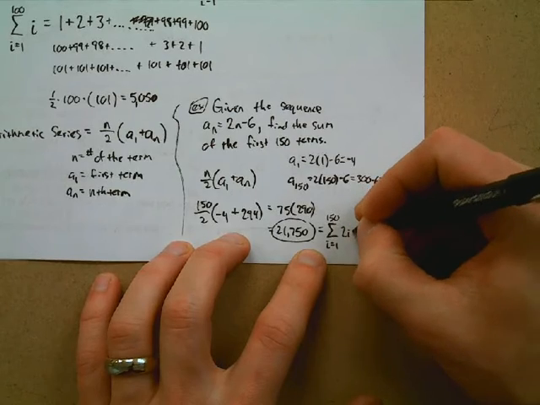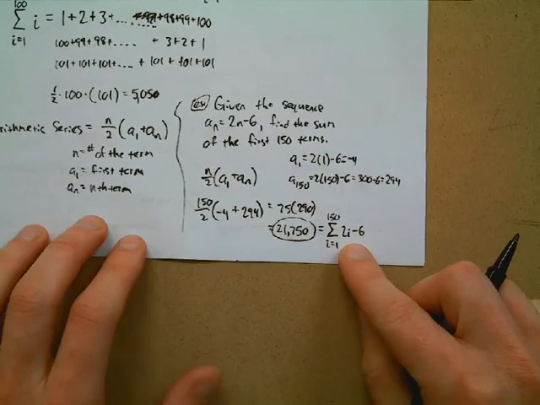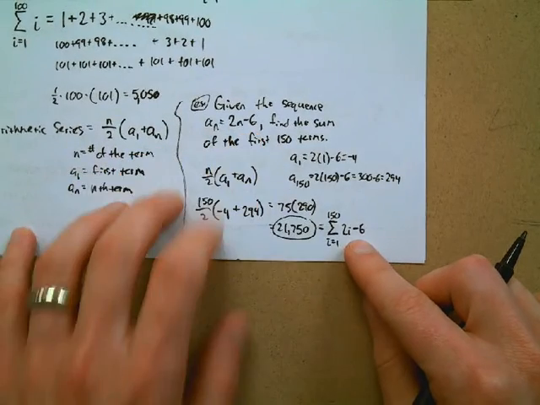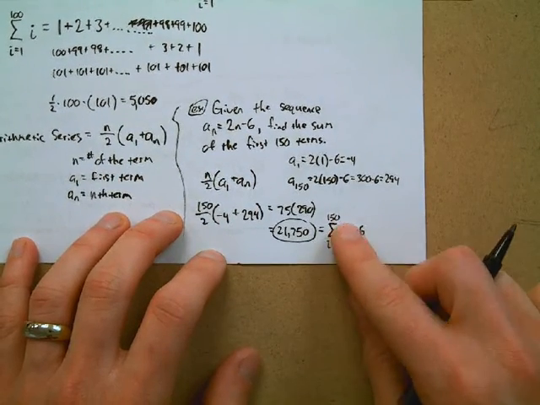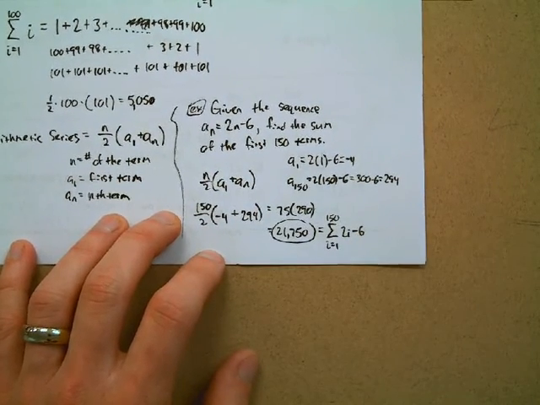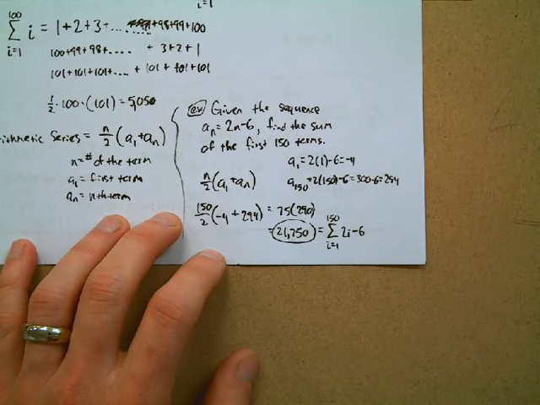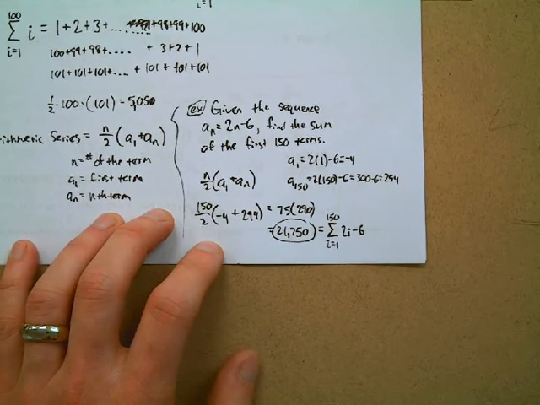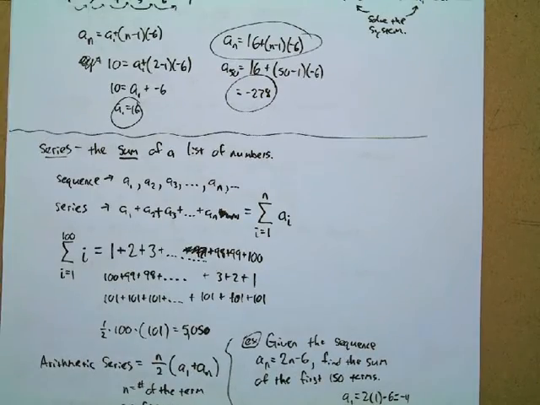So on page 648, I'd like you to try numbers 85 to 89 and numbers 103 odds.